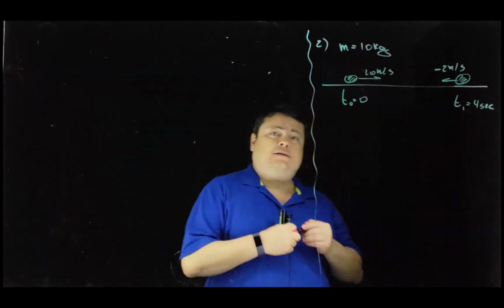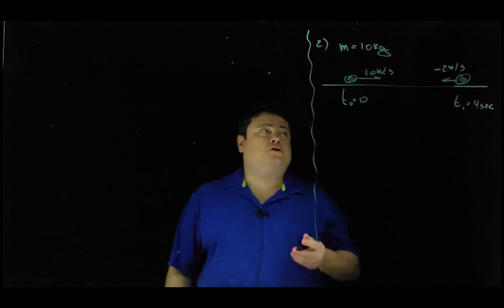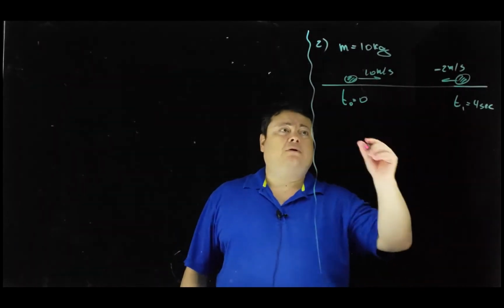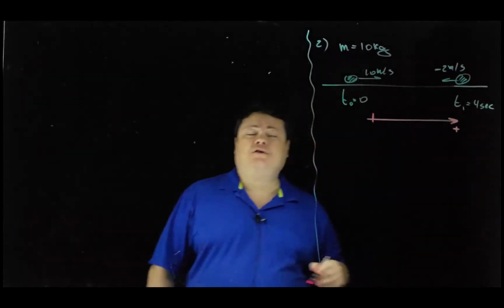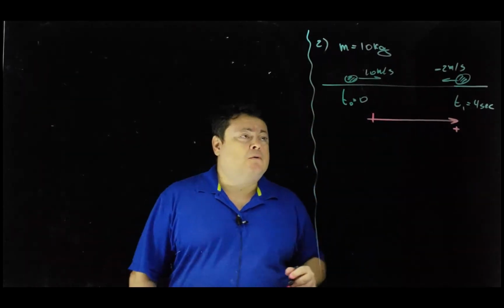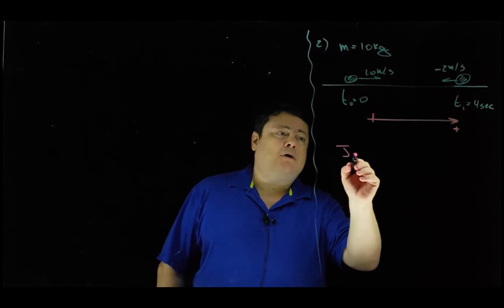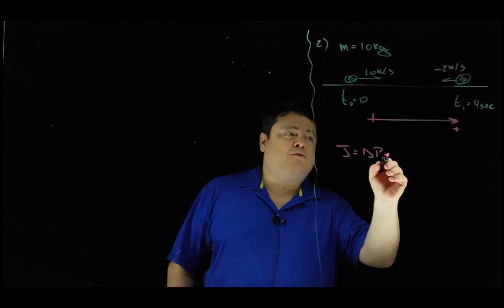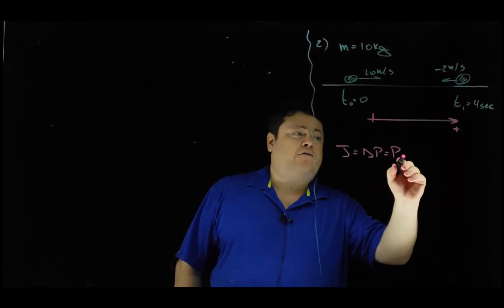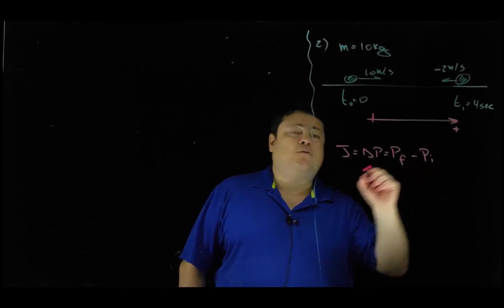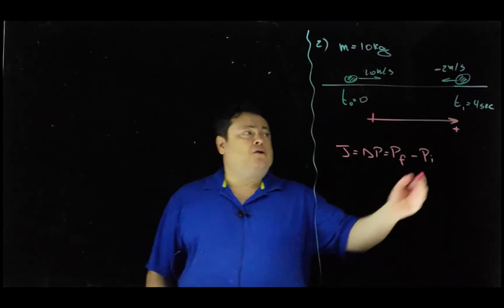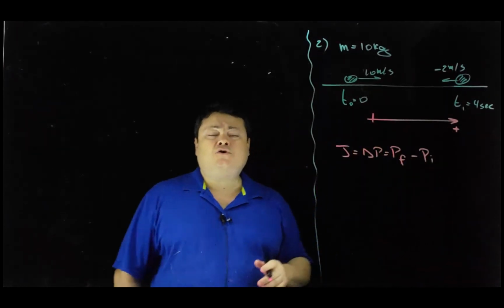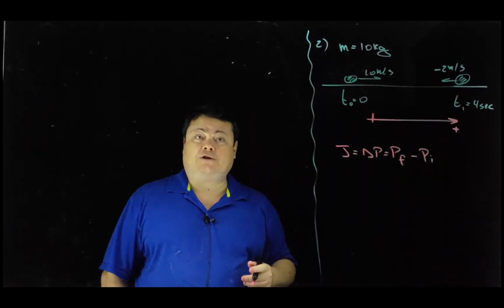Well, let's see. First thing, it's not explicitly given, but it is implicit that we're choosing a reference frame positive to the right. Well, impulse equals change in momentum, which is my final momentum minus initial momentum. I'm not writing momentum as a vector right now, but I'm going to use the positive and negative to give information about its direction.